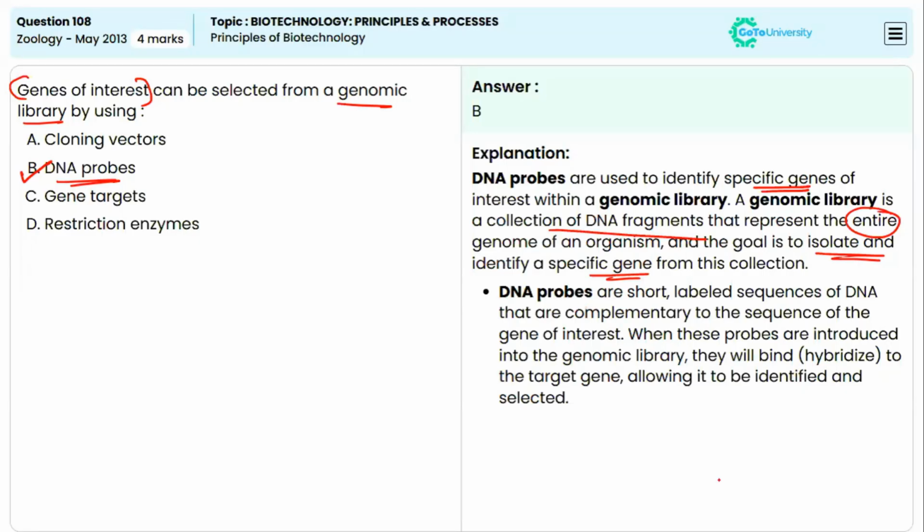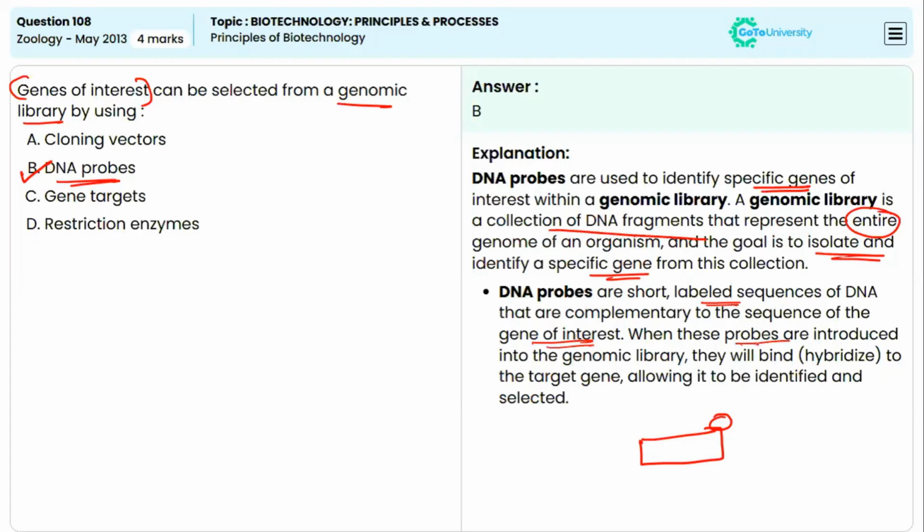Now, a gene probe is a short labeled sequence of DNA, labeled in the sense that we'll be able to identify it under UV radiation or through radioactivity. So they will be emitting fluorescent light. They are labeled sequences of DNA that are complementary to the sequence of the gene of interest.